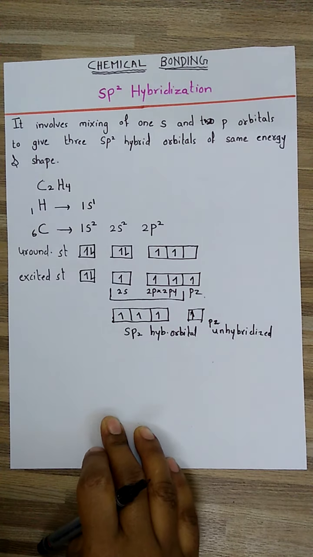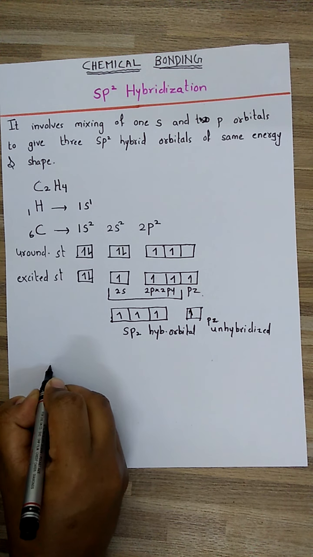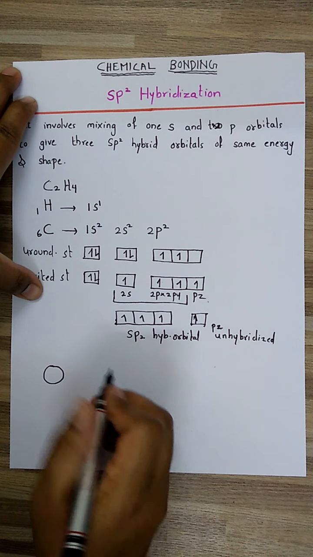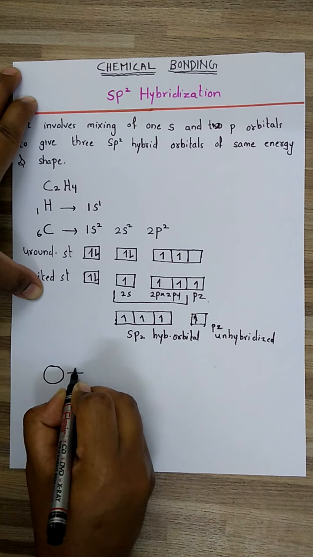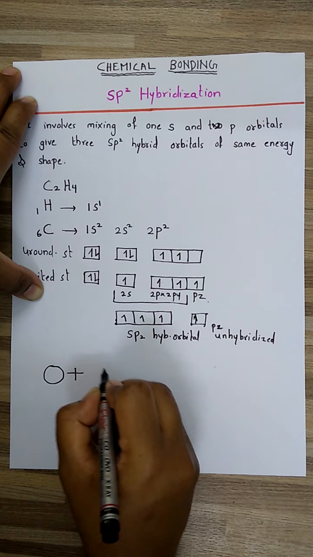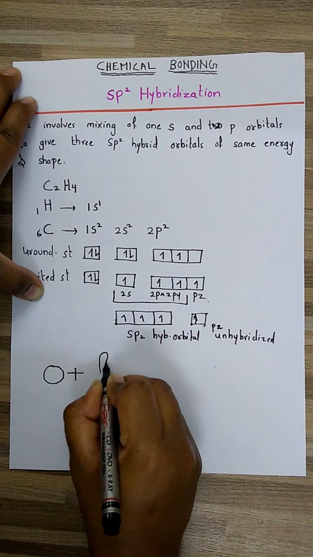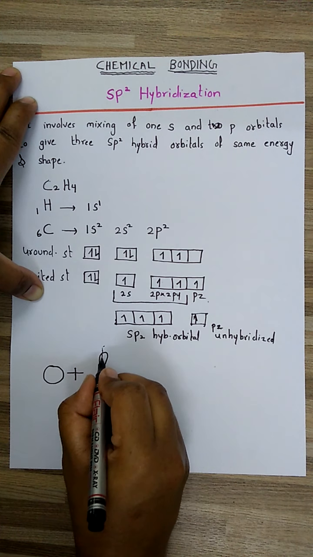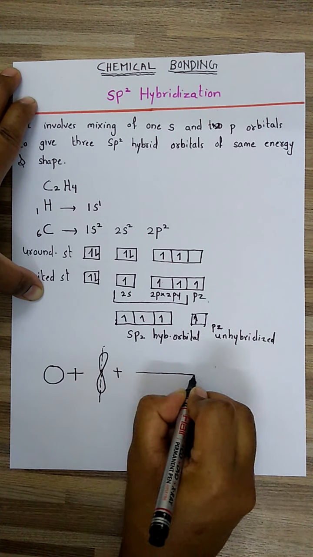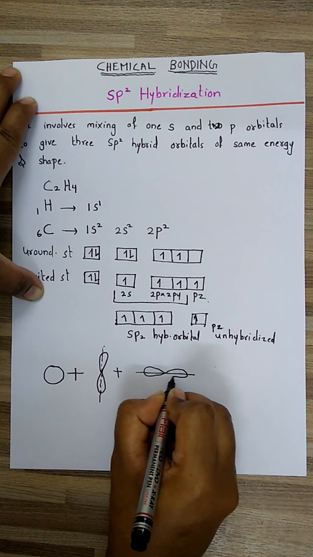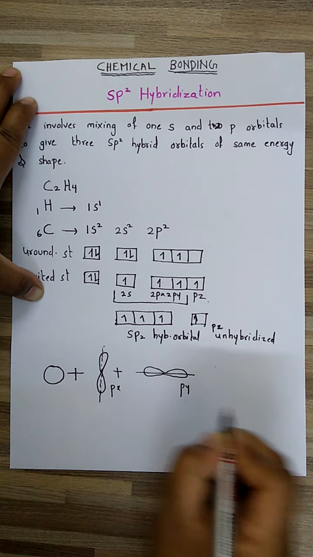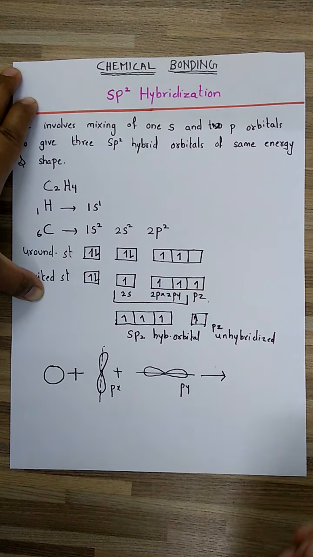It means what is happening here? We had a spherical s orbital. This spherical s orbital is undergoing mixing and recasting with px and py. This is your px orbital, this is your py orbital. They will undergo mixing and recasting, and now they will form what?